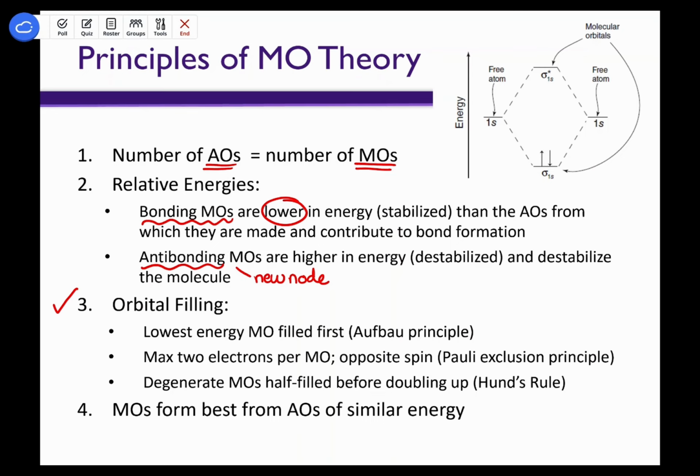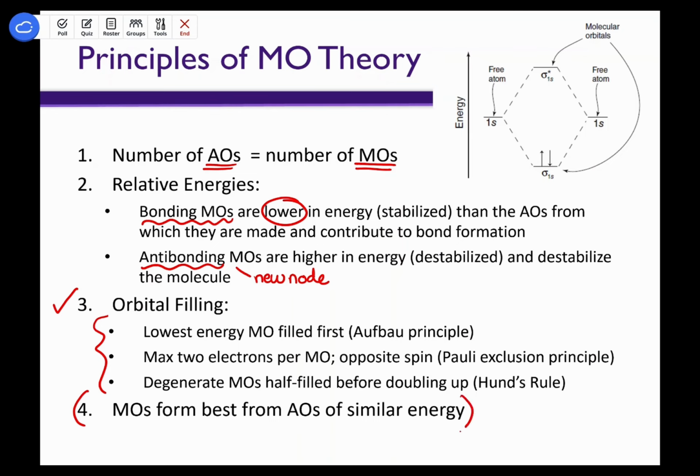We can put up to 2 electrons in a molecular orbital, and they're going to have opposite spins. So an up spin and a down spin, a plus half and a negative half. And if we have 2 orbitals that have the same energy, we haven't seen that yet, but that's coming up today. When there are degenerate orbitals, we half fill them, and then we fully fill them. So this is the same thing that you've already learned.